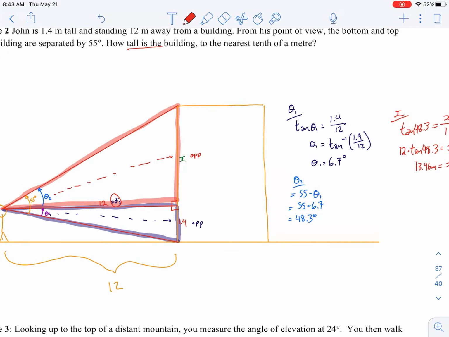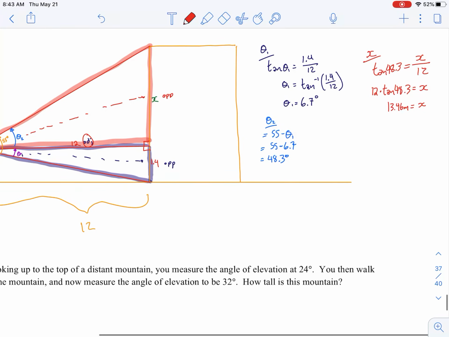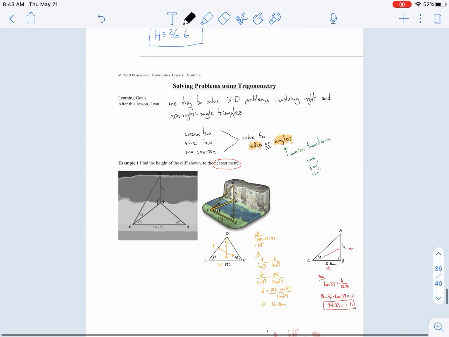Now they wanted the full height of the building to the nearest tenth of a meter. So we'd have to add x to 1.4. So the full height, therefore statement should be h is equal to 13.46 meters plus 1.4 meters, the height of John, is equal to 14.86 meters.